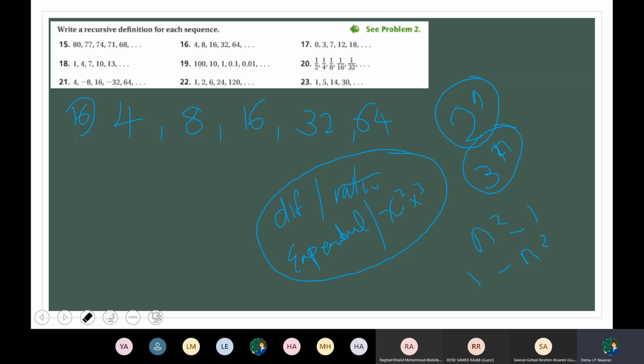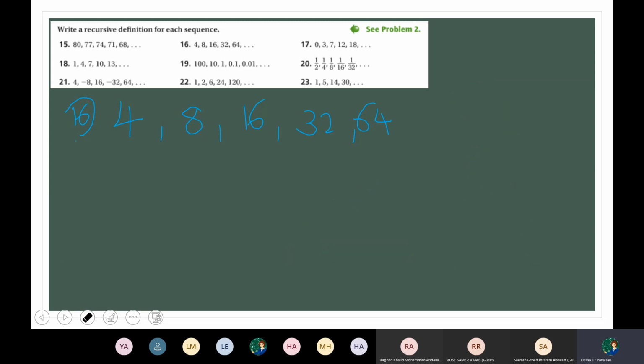Now back to my question here. Let's try with the difference. 8 minus 4 is 4. 16 minus 8 is 8. 32 minus 16 is 16. 64 minus 32 is 32.